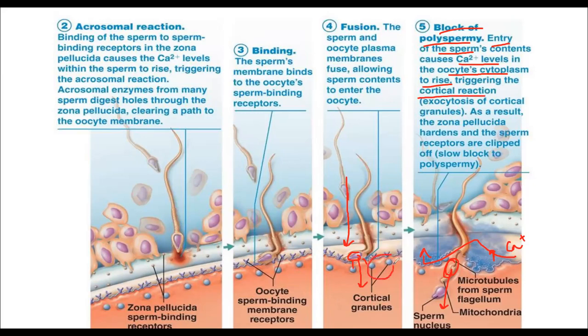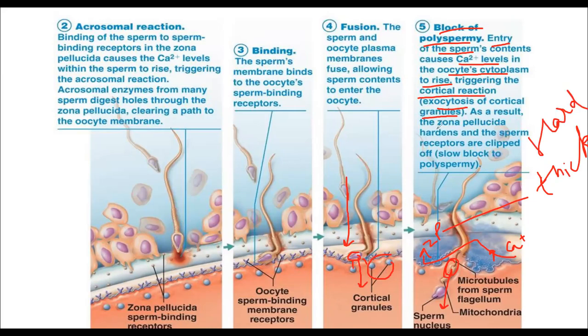These cortical granules are there. They will release some substances, which will cause the zona pellucida to become thick or to become hard.